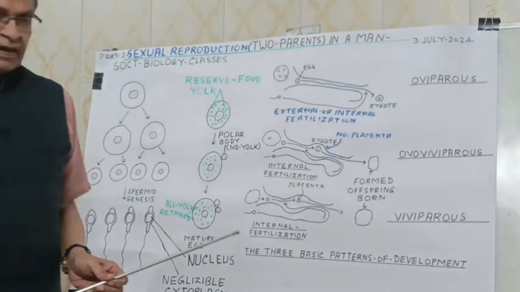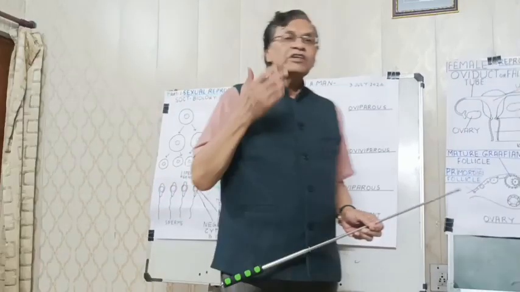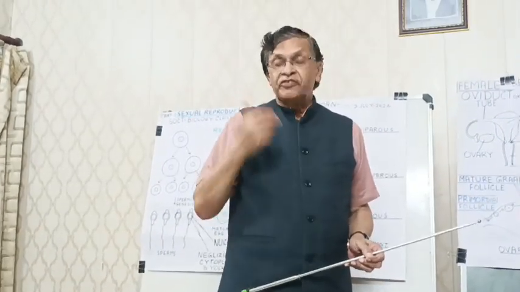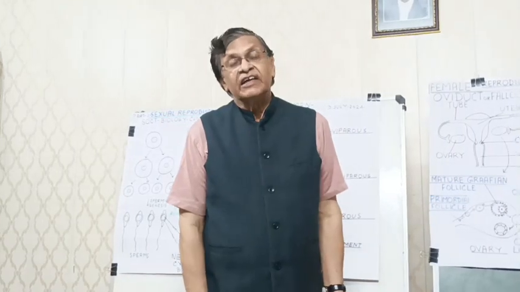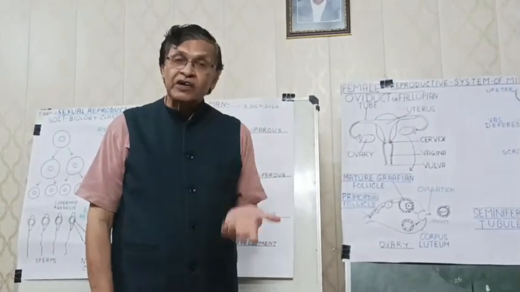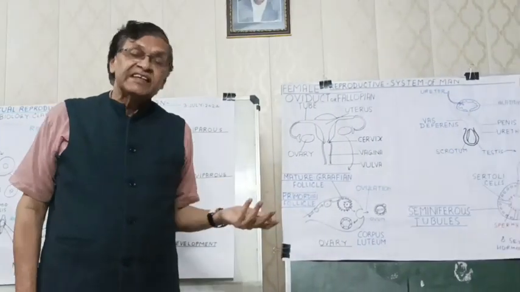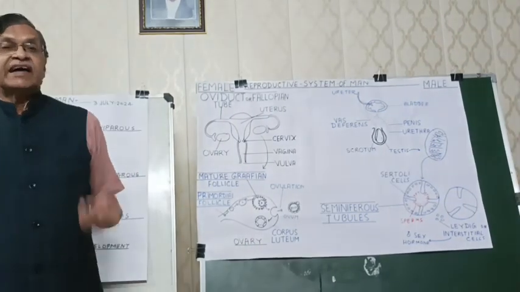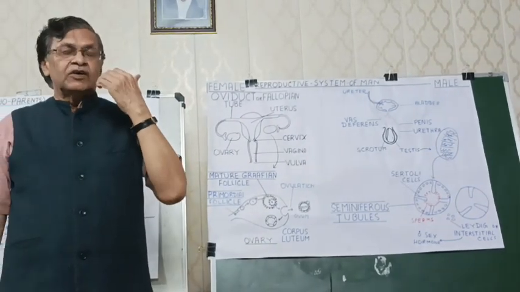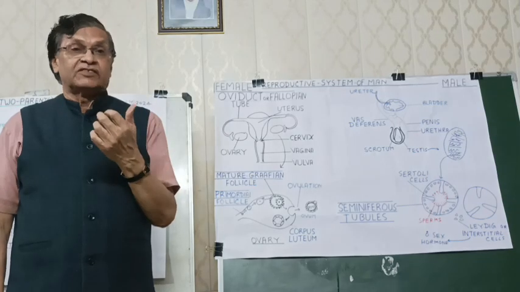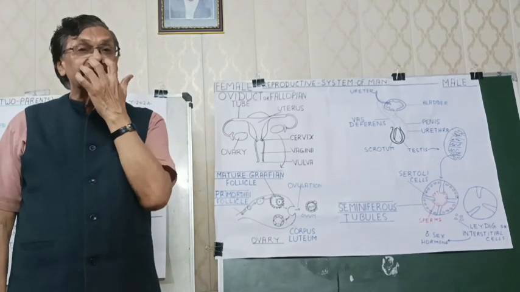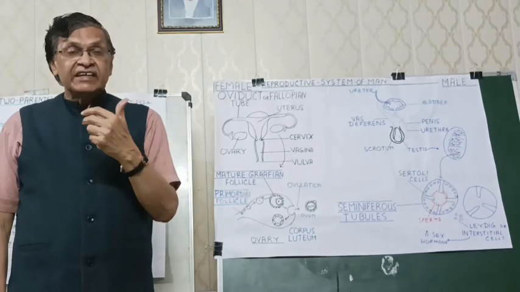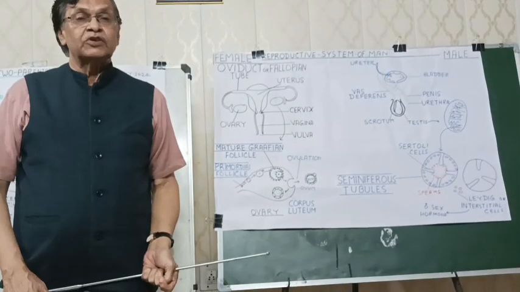Now, let us see what are the functions, responsibilities and challenges to be faced, and accordingly how the reproductive organs are made on the same pattern. One very interesting thing is that in all our exposed areas, for example in the respiratory system, there is a possibility of entry of foreign organisms.